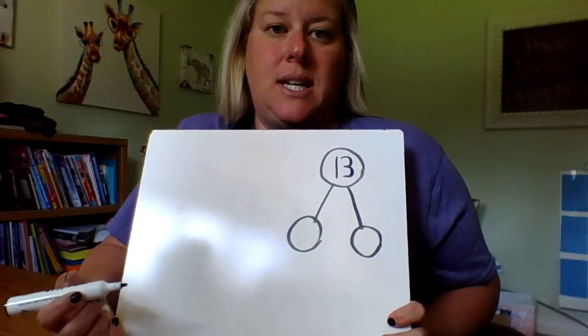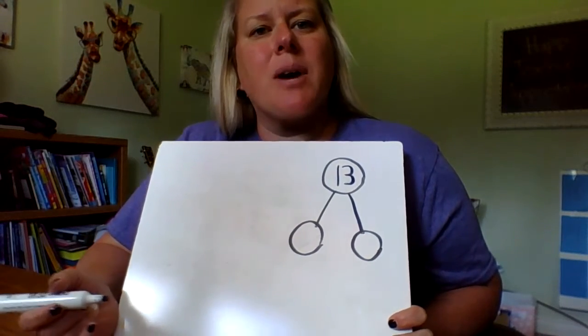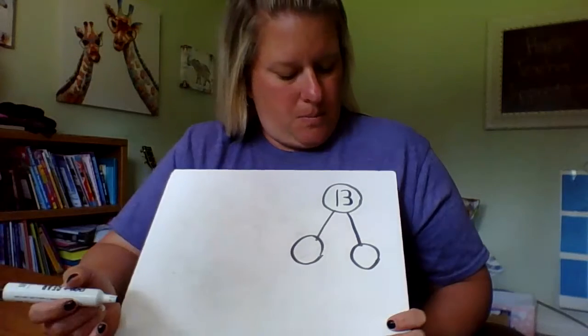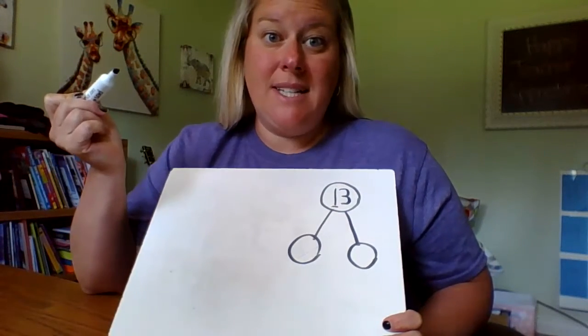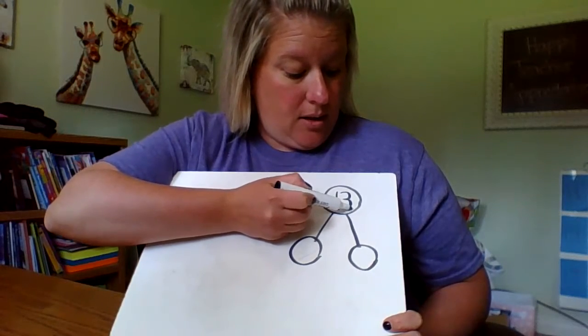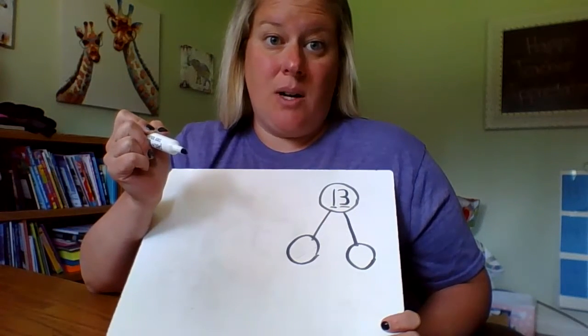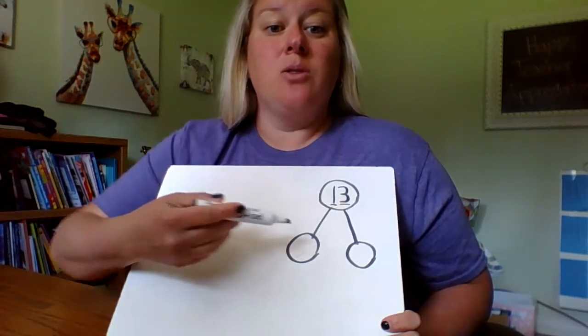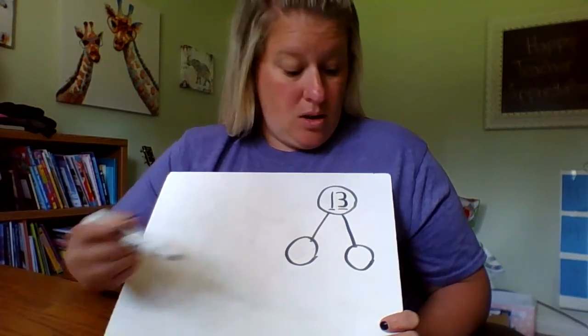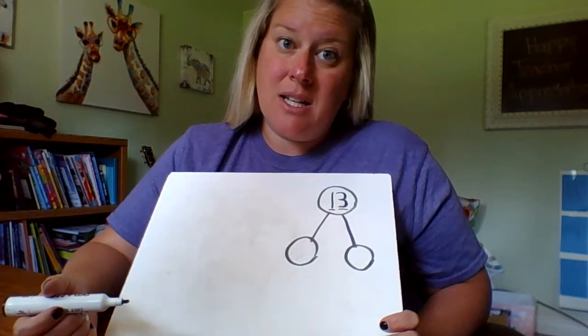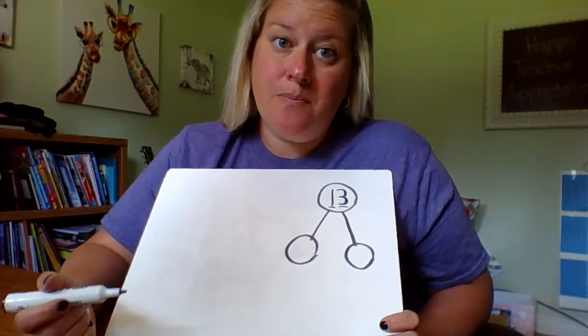Now, if I think about the number 13, I can look at it, and there's 1 ten and 3 ones, okay? And I need to figure out two numbers that if I add them together will get me 13 using tens and ones, okay?